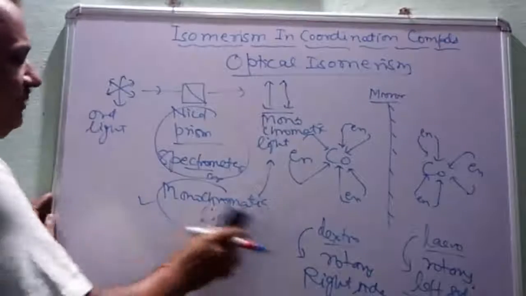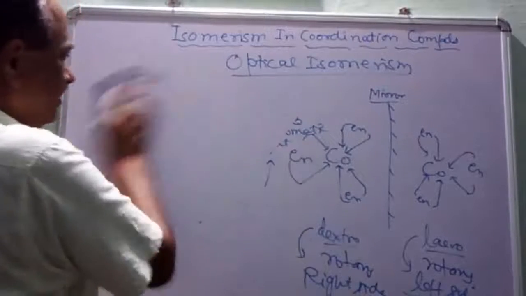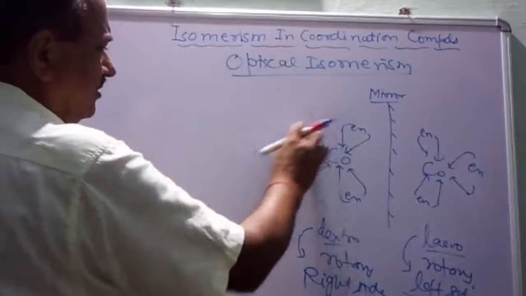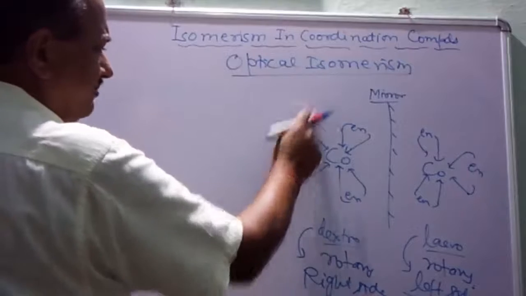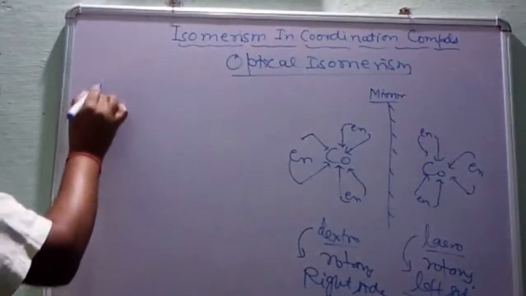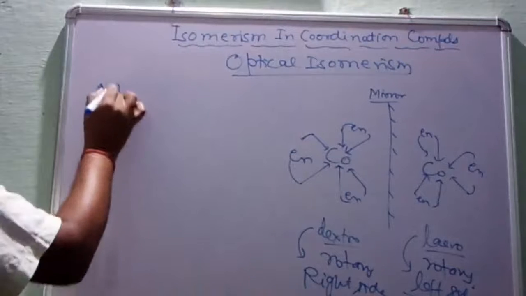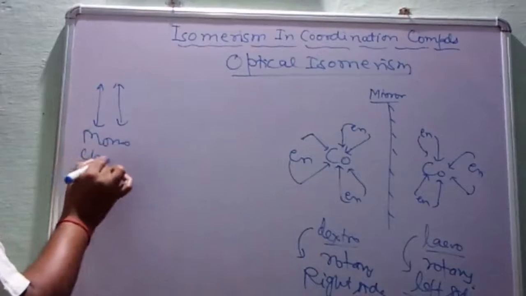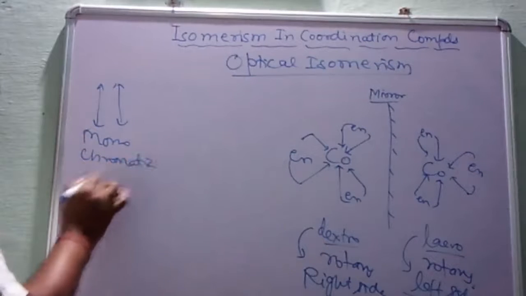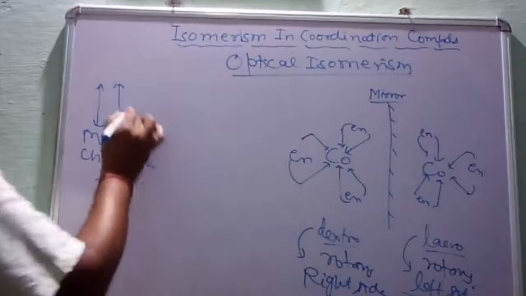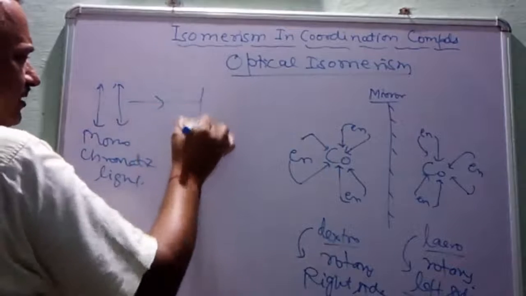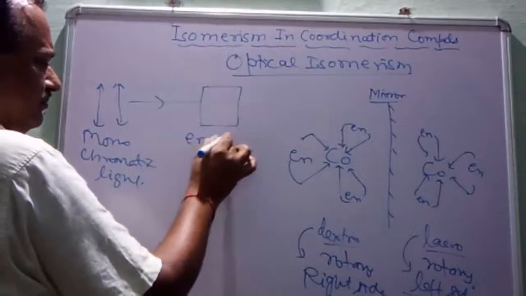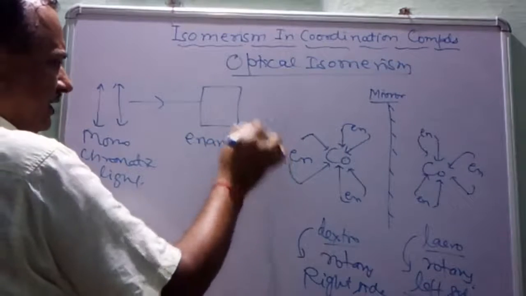So monochromatic light is passed through the enantiomer. Here we take a vessel in which the enantiomer is present.